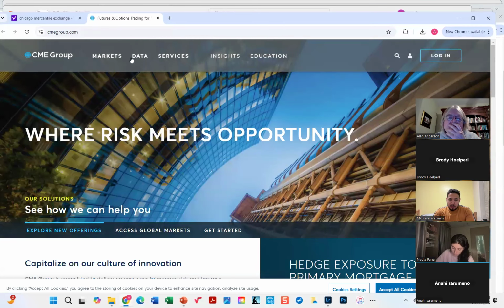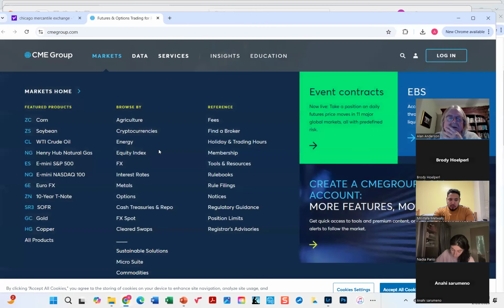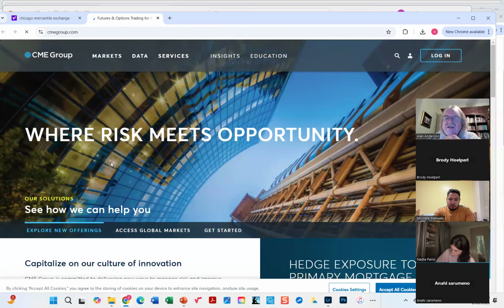Look at all these types of derivatives you can buy. You can get them based on agriculture, cryptocurrencies, energies, stocks, foreign exchange, interest rates, metals, et cetera. FX, by the way, stands for foreign exchange or currencies.